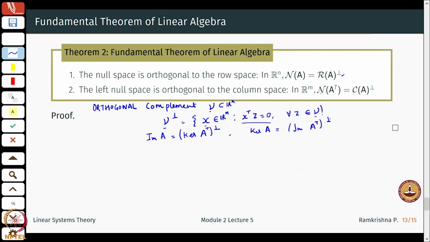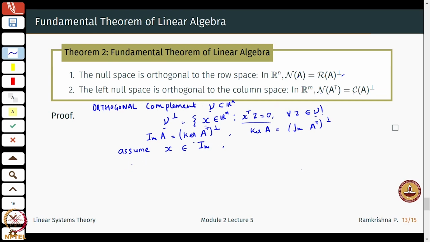Okay, so this equality should be okay, right, between these two statements and these two. So, we'll just prove one of these. So let's assume that there is a vector x belonging to the image of A.